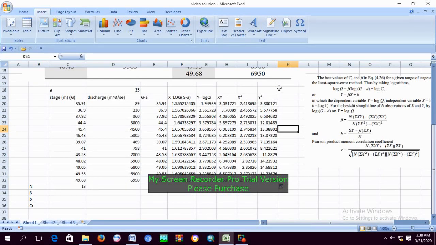After calculating these values, we can determine the summation of xy, the summation of x, the summation of y, and the summation of x square and y square.